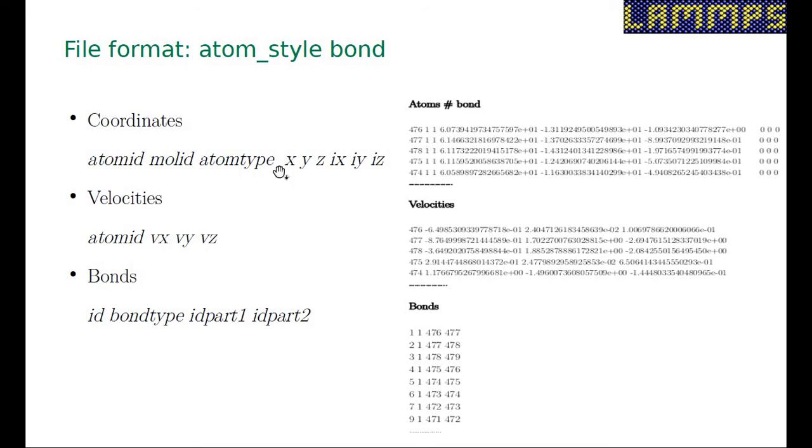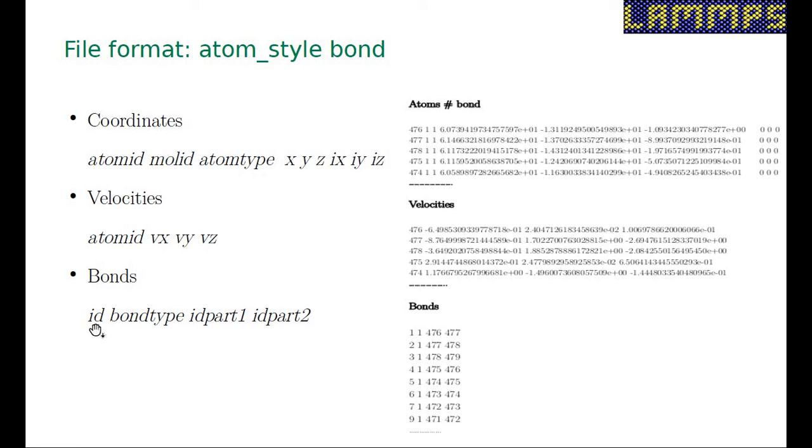And finally, the bond section. So in the bond section, we include the structure of the molecule. Could be a polymer, it could be another structure, but we need to specify how the molecules are linked.